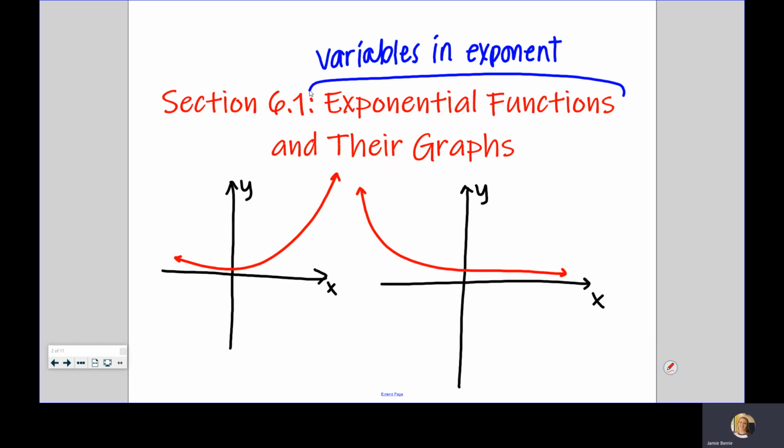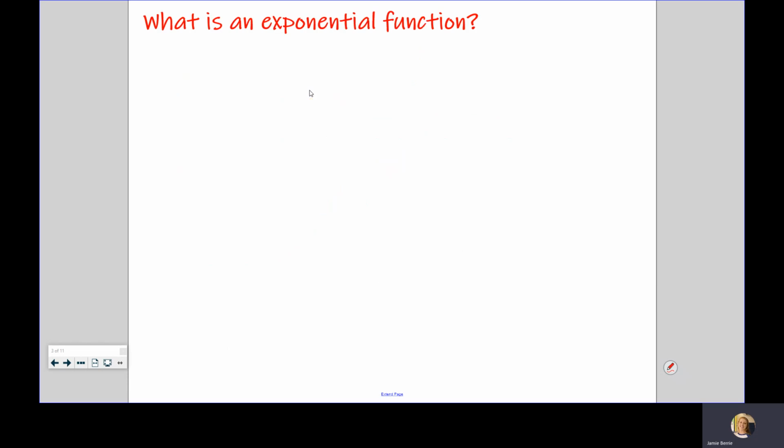All right, so first I'm going to talk about the formal definition of an exponential function. There's a couple of restrictions on our definition, and I'll explain why those restrictions exist. So it says, what is an exponential function? What do they look like?